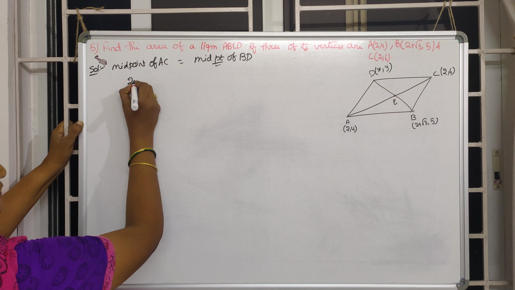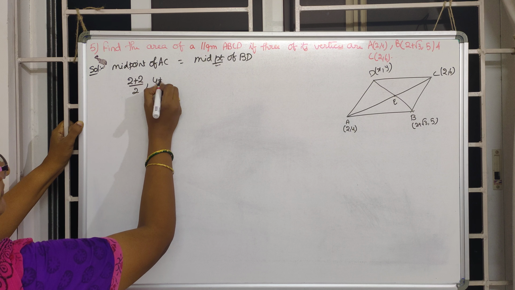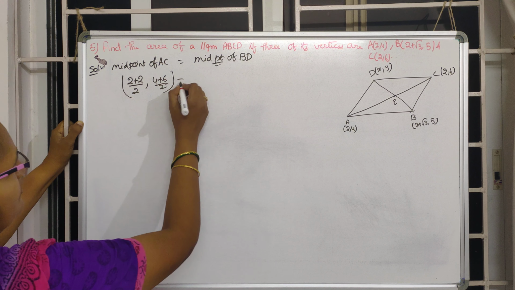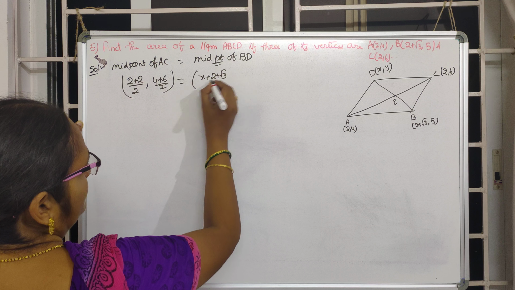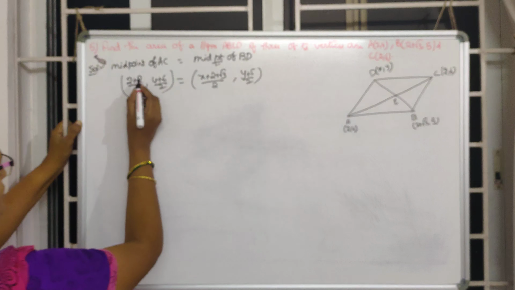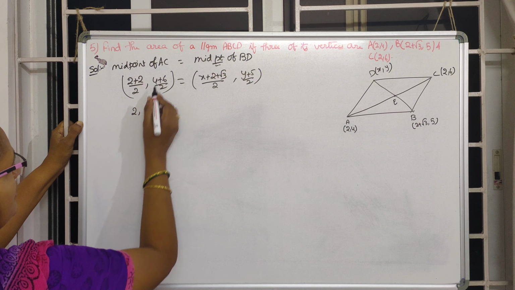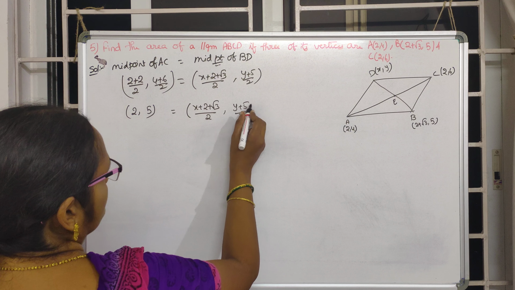So here, (2 plus 2)/2, (4 plus 6)/2 equal to the midpoint here, (x plus 2 plus root 3)/2, (y plus 5)/2. So here 4 by 2 is 2, 10 by 2 is 5, equal to (x plus 2 plus root 3)/2, (y plus 5)/2.